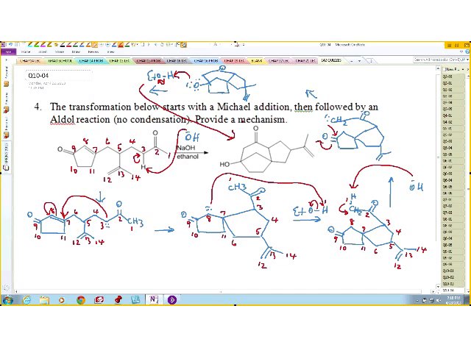But the key point here, you take a very close look at your starting material, and then you take a look at the product before you can decide what kind of mechanism you are going to write by moving those electrons around.